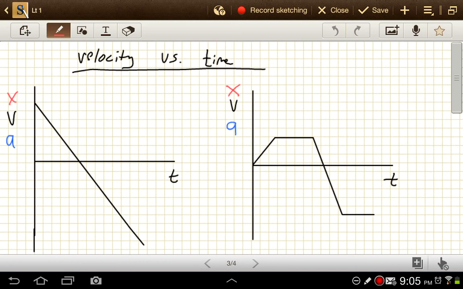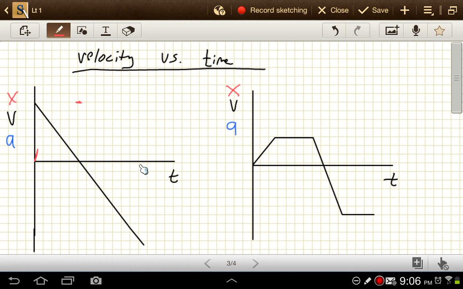So for my x direction, I know I have to start out with a positive slope. I don't really know where on the x-axis to start, so I can just say we start at 0. So we start out with a large positive slope. At some point here, velocity goes to 0, so we need to have a 0 slope right there.